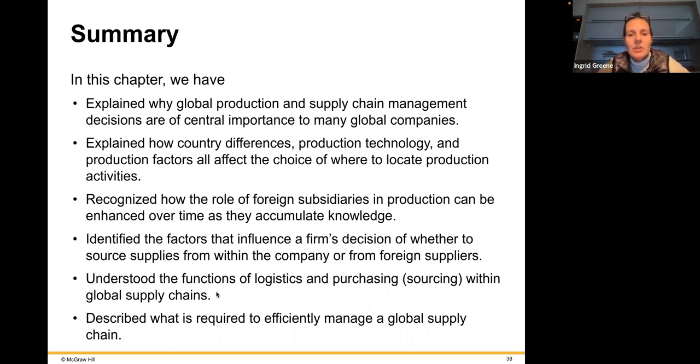And then we understood the functions of logistics and purchasing within global supply chains. Understanding how that all works and the different levels. And then lastly, we described what is required to efficiently manage a global supply chain, talking about commitments and trust, and moving forward in partnership with many of our vendors.